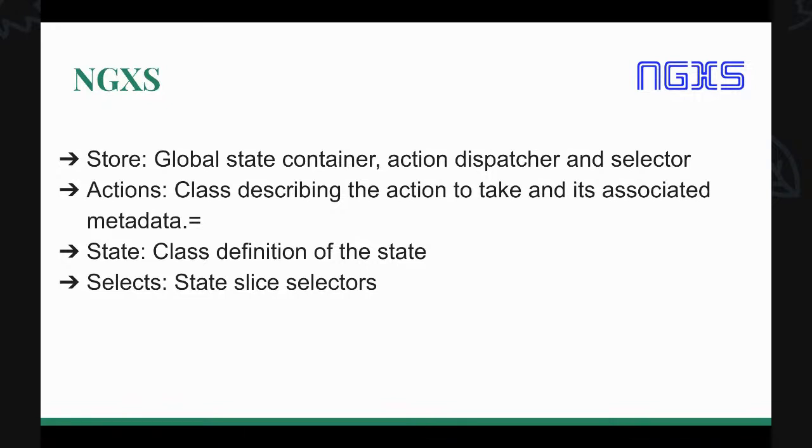Action is nothing but every user action, every user interaction with your app can be described as an action, to just put it in simple words. So an action is the class describing the action to take and its associated metadata. If you're liking your friend's post on Facebook, it can be called a like friend post action.